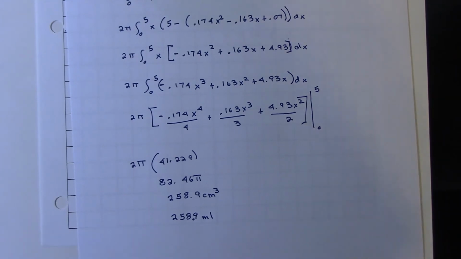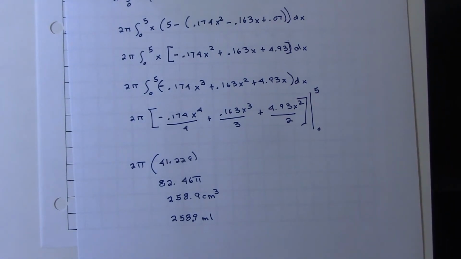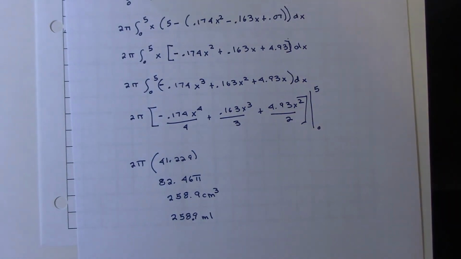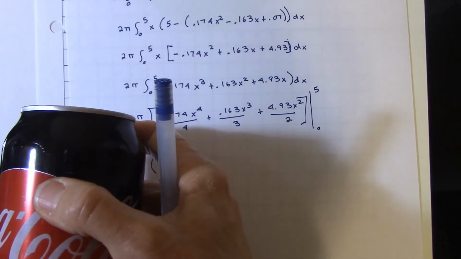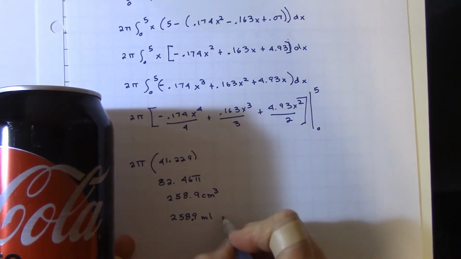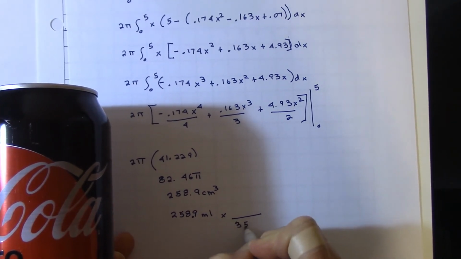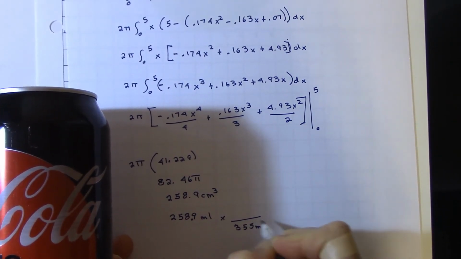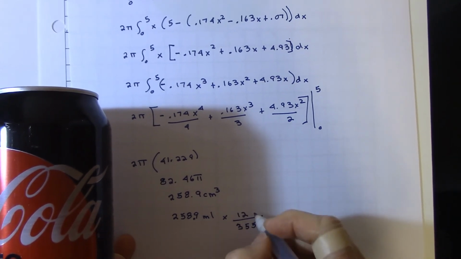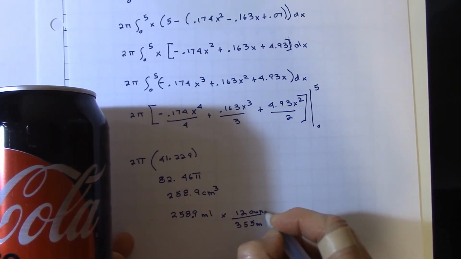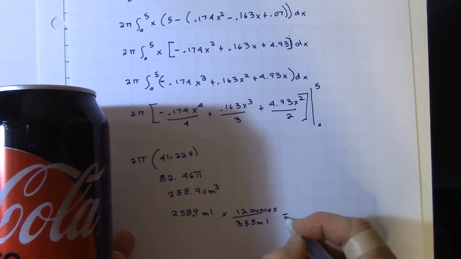And then we'll use the soda can conversion factor of 355 milliliters equals 12 ounces.